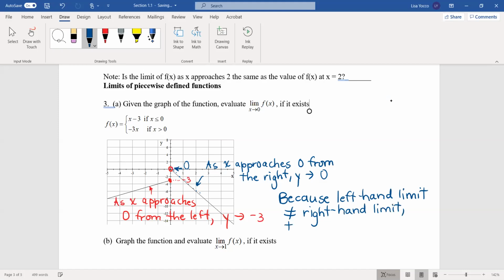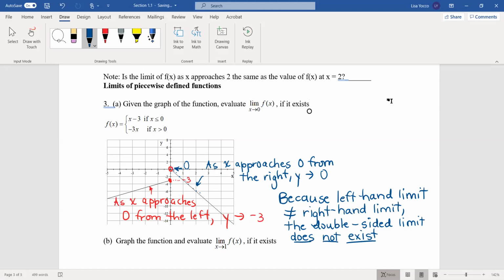And when that doesn't happen, then the double-sided limit does not exist.